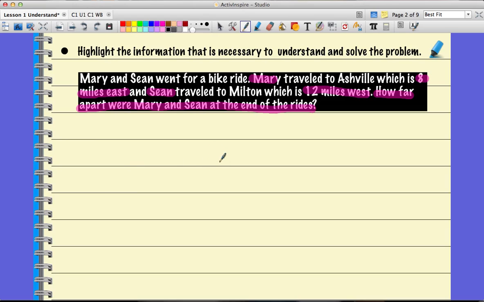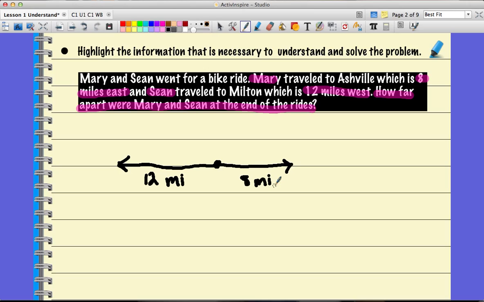So let's say that both Mary and Sean started here. Mary traveled 8 miles east. Okay, so she went this way, and we can write 8 miles. And then Sean went 12 miles west. So Sean went in the opposite direction, and he went 12 miles.